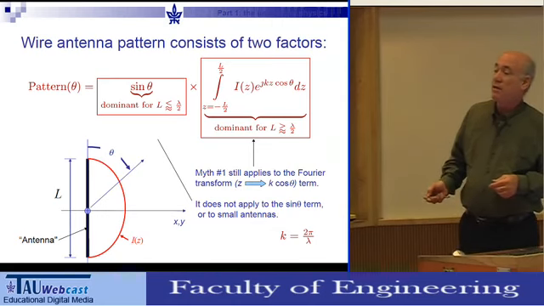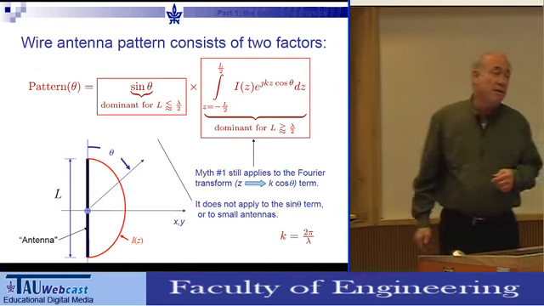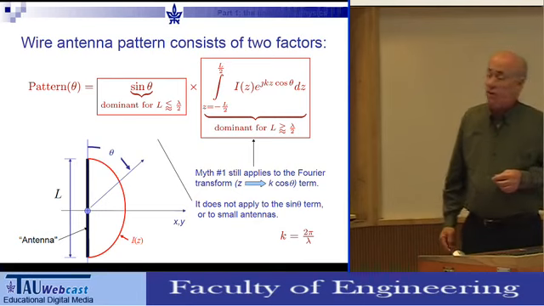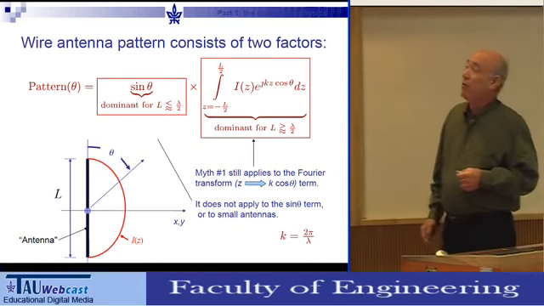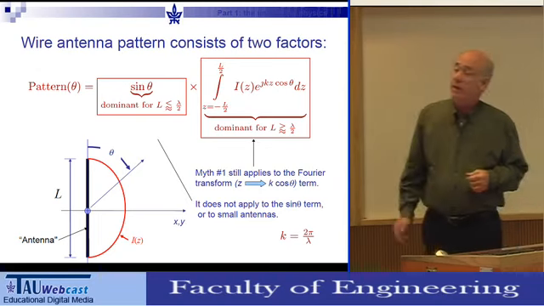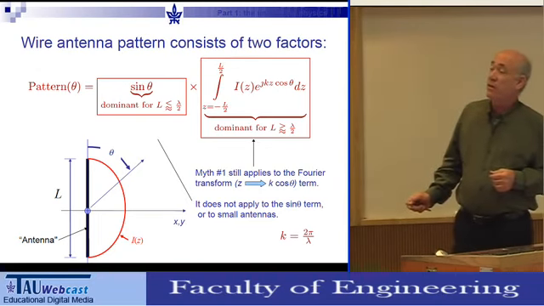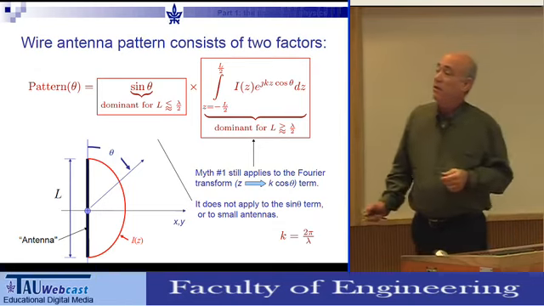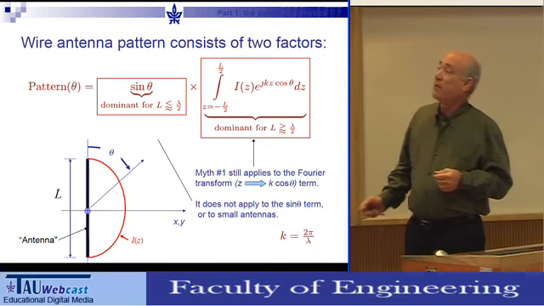I call this an antenna in parentheses because very soon we'll discover the antenna is not exactly the physical structure over which the current tends to flow. So if you want to look at the pattern, which is the field radiated in various directions, this is direction theta, relative to the axis of the antenna. So there is a variation in the far field of the field with a function of theta.